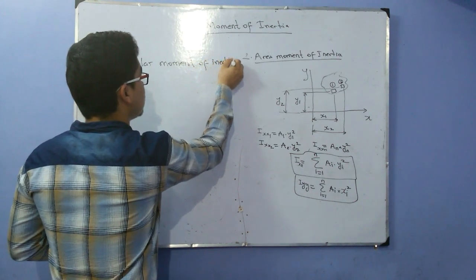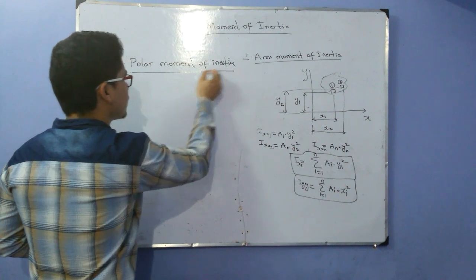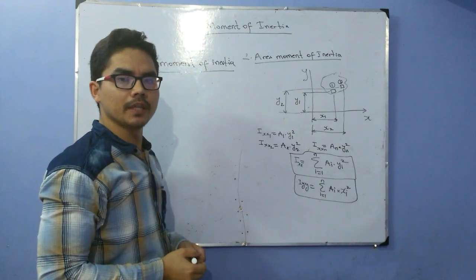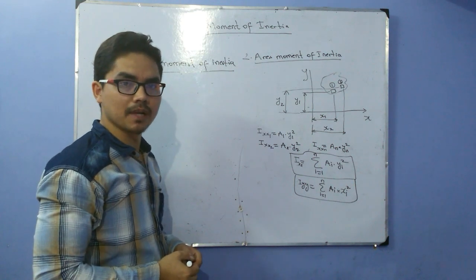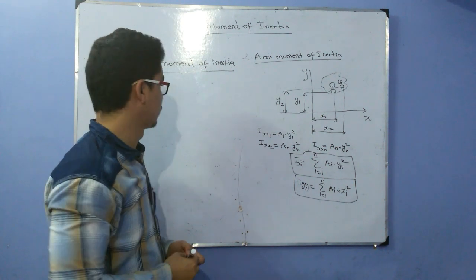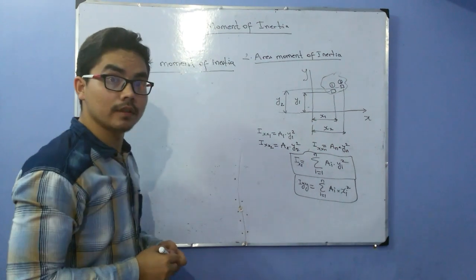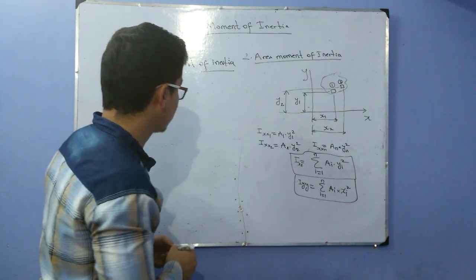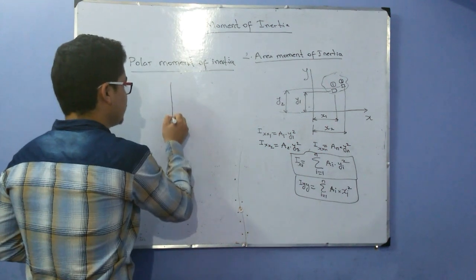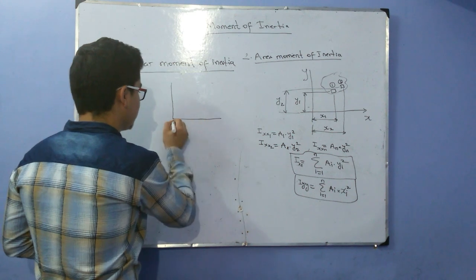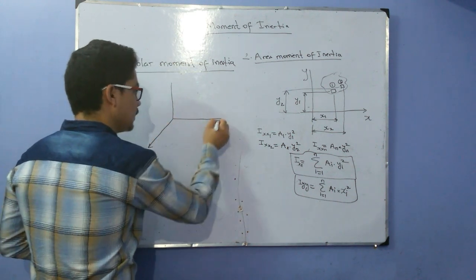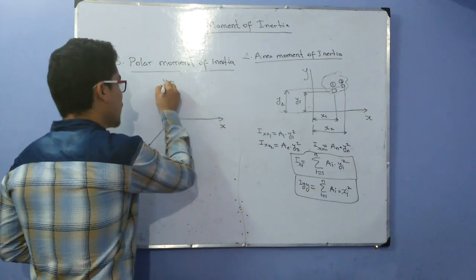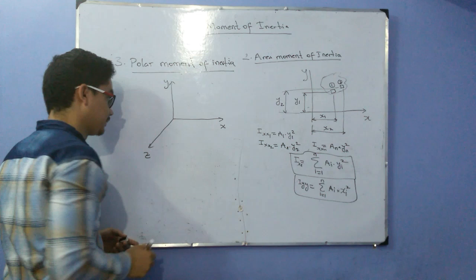The polar moment of inertia is the moment of inertia which is obtained with respect to the axis perpendicular to the plane. And also it is sometimes called the moment of inertia with respect to the z-axis. Let me draw this axis. That will be x-axis, y-axis, and z-axis.